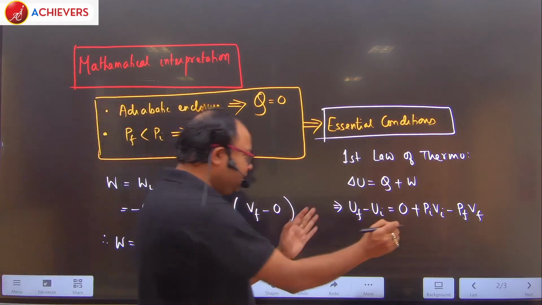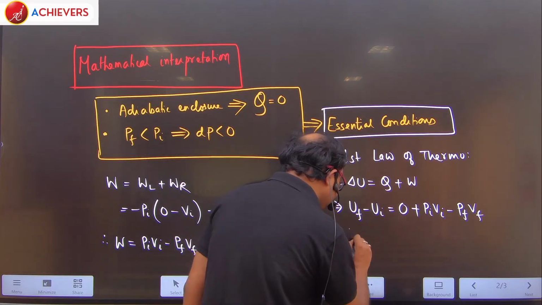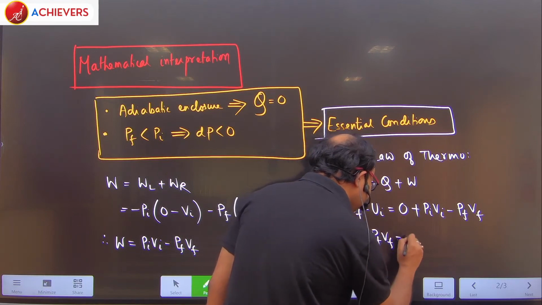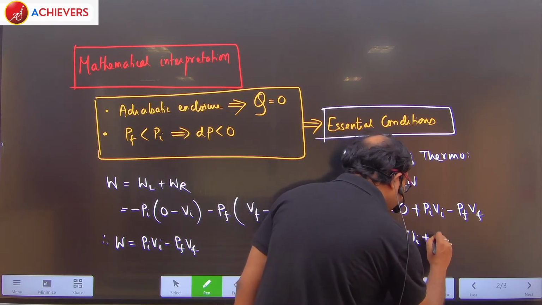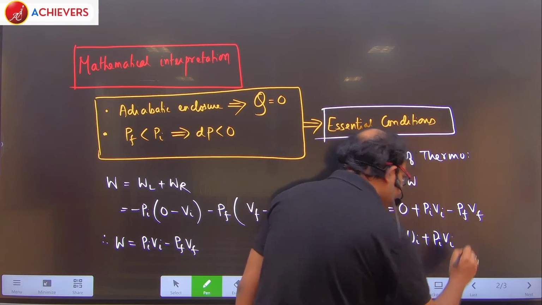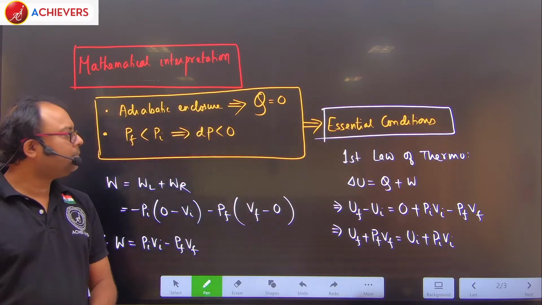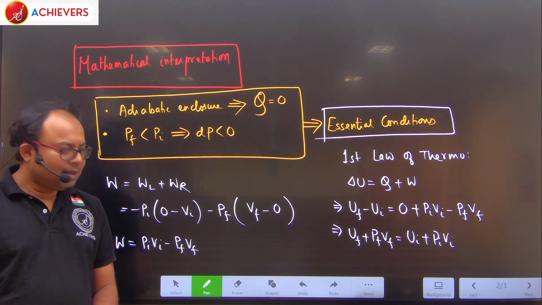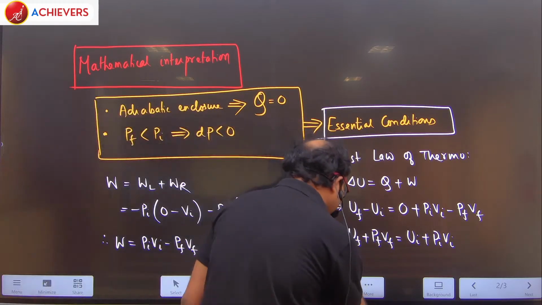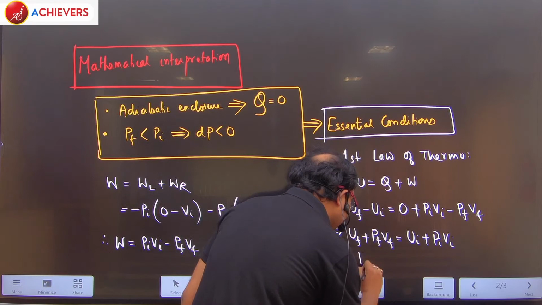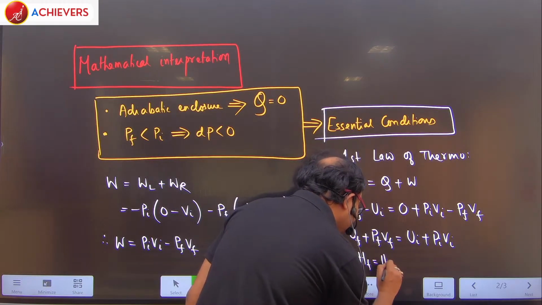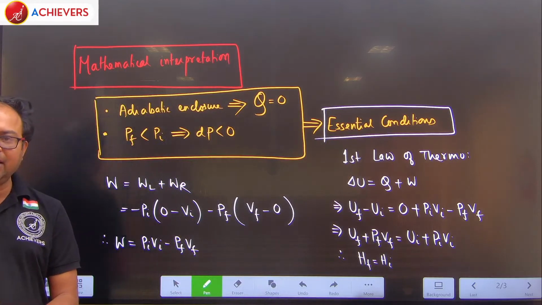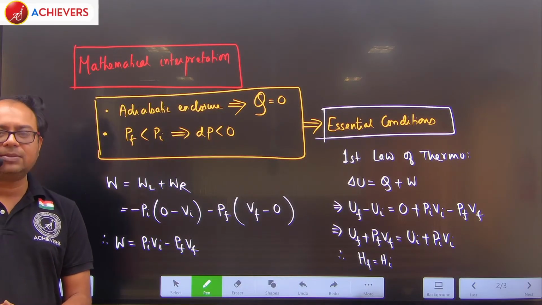So if you rearrange both the sides, then you'll see Uf plus Pf Vf becomes equal to Ui plus Pi Vi. That makes Hf equal to Hi, because according to the definition of enthalpy, we know that it is equal to U plus PV.